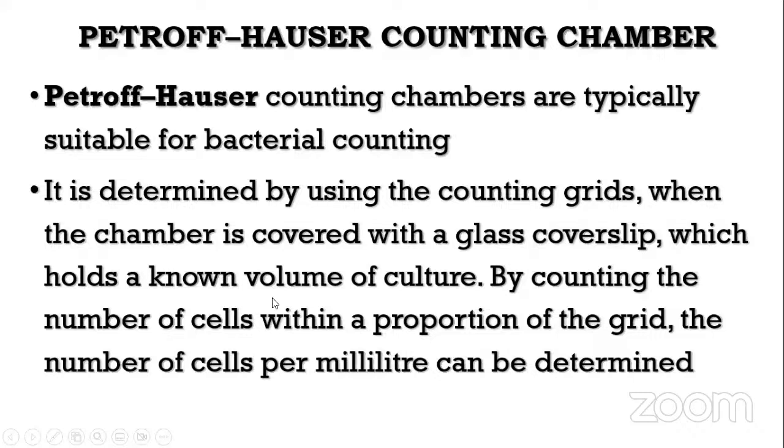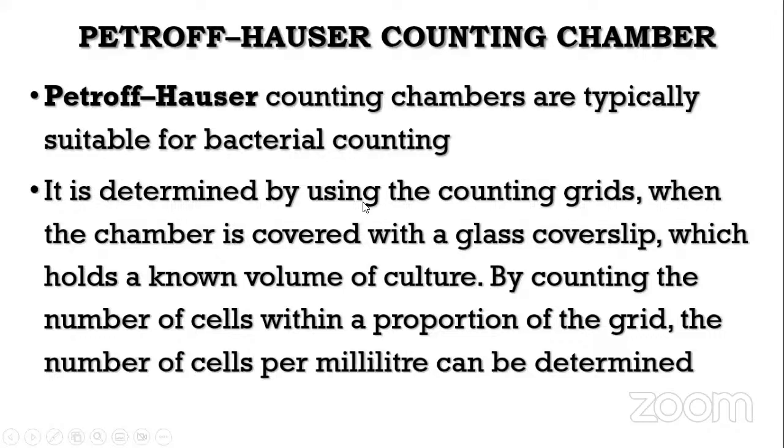Now, by counting the number of cells within a proportion of the grid, it is easy to determine an estimation of the bacterial cells, because you can't count a whole bacterial population. These are in millions. But when we dilute it, and we know the diluting factor, and we have a fraction of a grid that is counted, the grid allows us to count the organism.